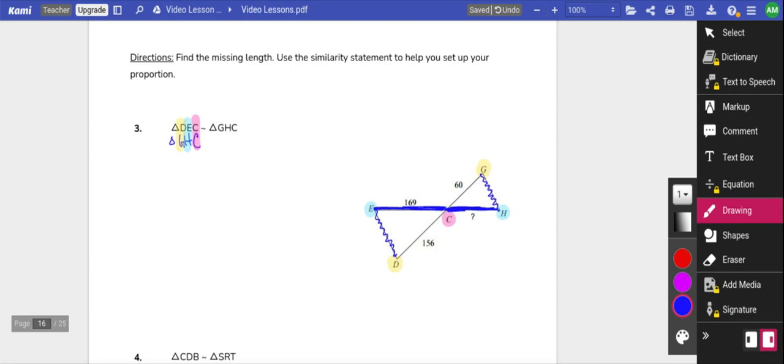So 169 corresponds with this question mark, which we're going to put an X in for. And the 60 corresponds to the 156.